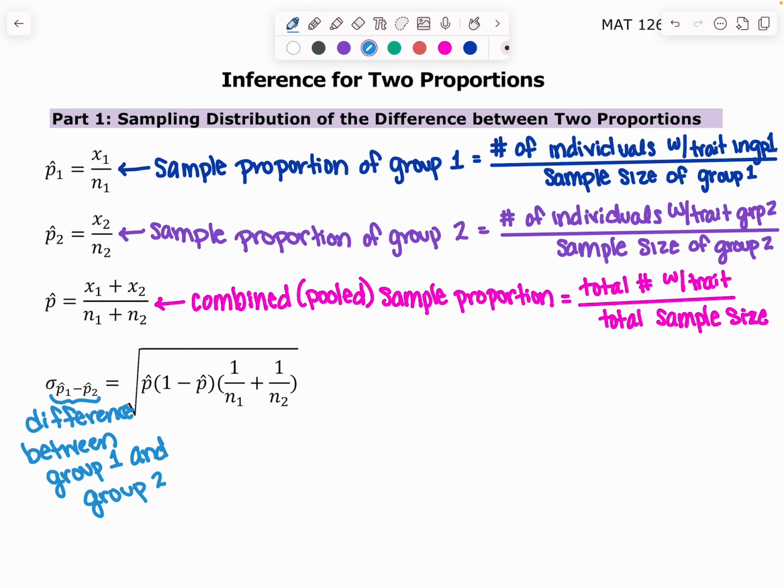And that standard deviation, this is one way to write it. There are other ways to write it. But that standard deviation is the square root of the combined sample proportion times 1 minus that combined sample proportion times 1 over group 1 sample size plus 1 over group 2's sample size.